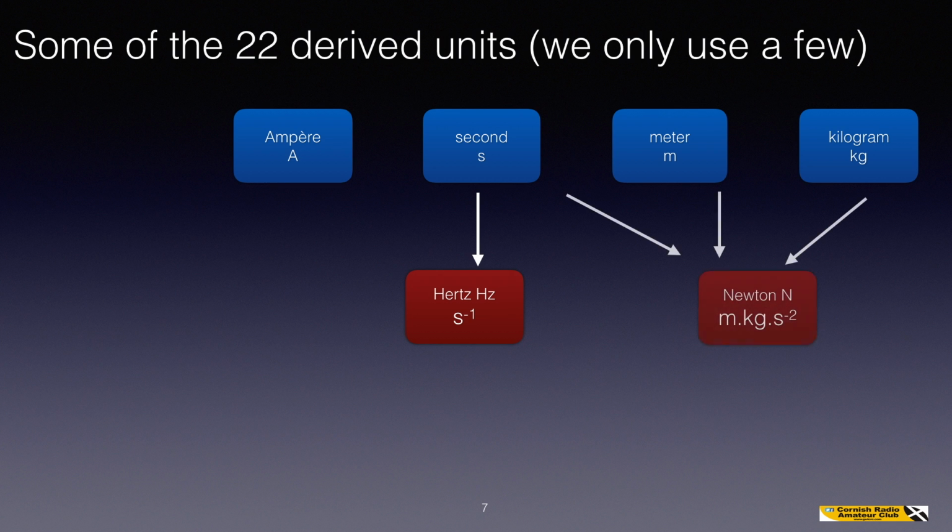If we look at the Newton, the unit of force, meters, kilograms, second squared, there we have seconds, meters, and kilograms. So there is one of the very important derived units. Not so important for us in amateur radio directly, but important in as much as it leads on to further derived units.